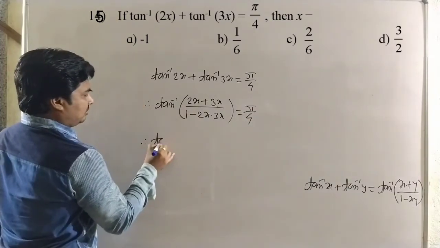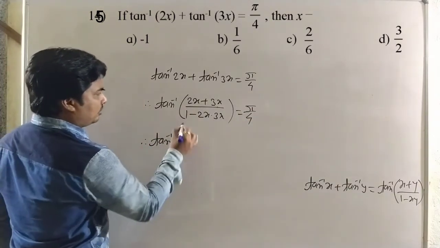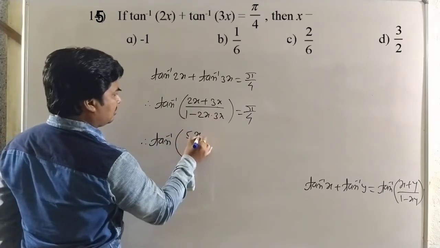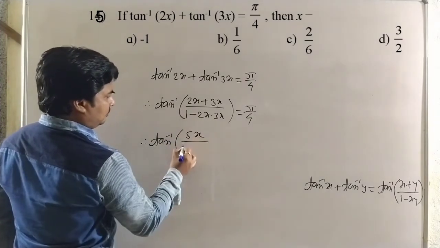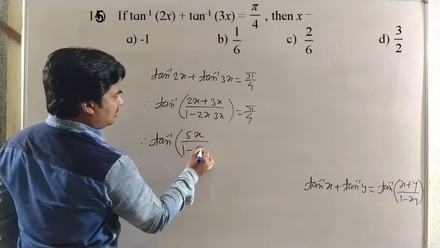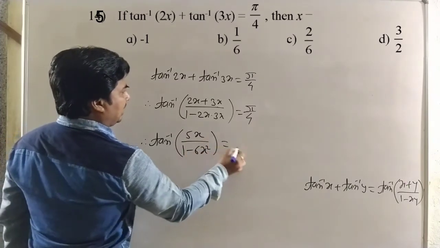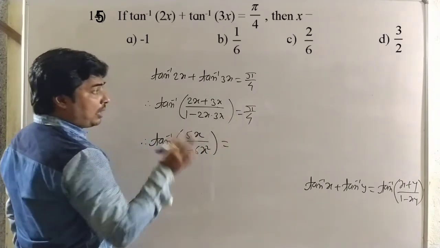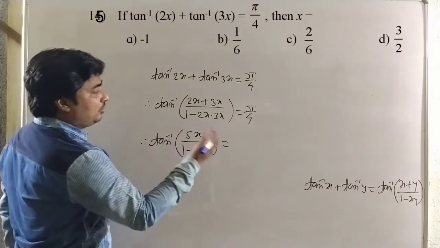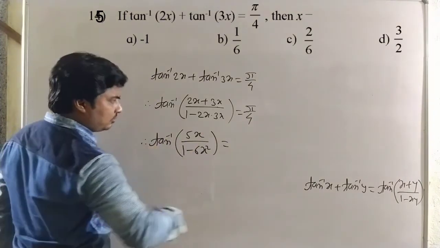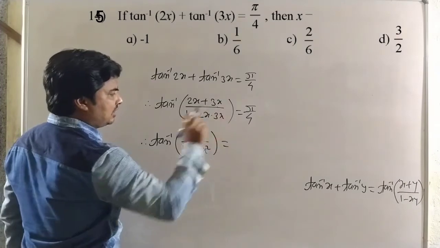Then take the calculation. Tan inverse of 5x upon 1 minus 6x square is equal to pi by 4, and we write the RHS in terms of tan.